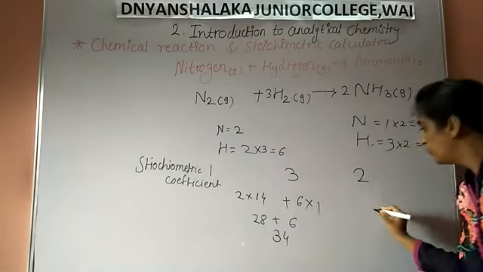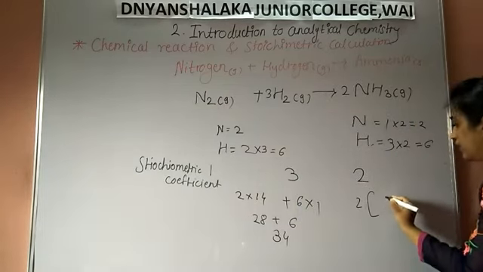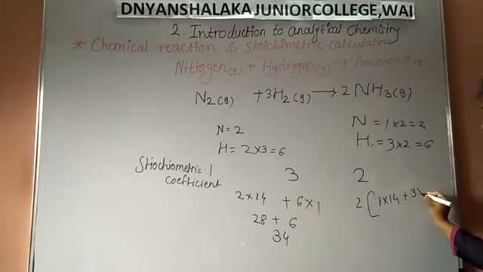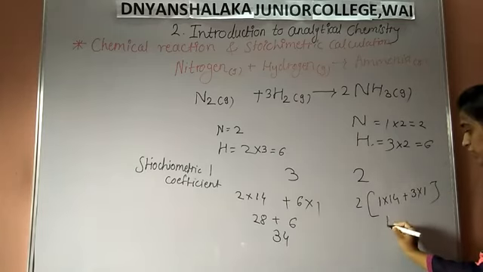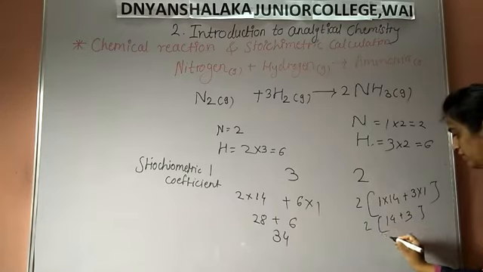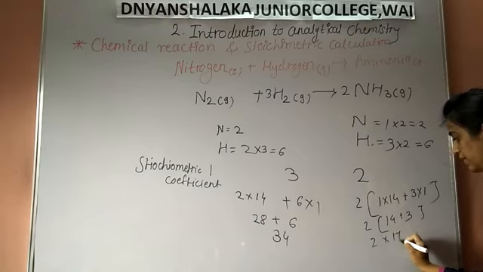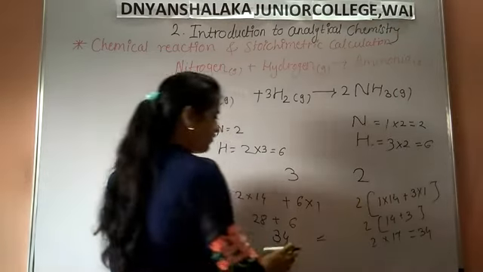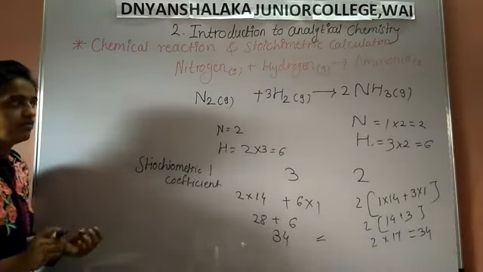Next, 2 in bracket: nitrogen 1 atom into 14 plus 3 into 1, so 14 plus 3 is 17. So 2 into 17 gives 34 grams on the product side. So the mass of reactants is 34 grams and the mass of products is 34 grams.